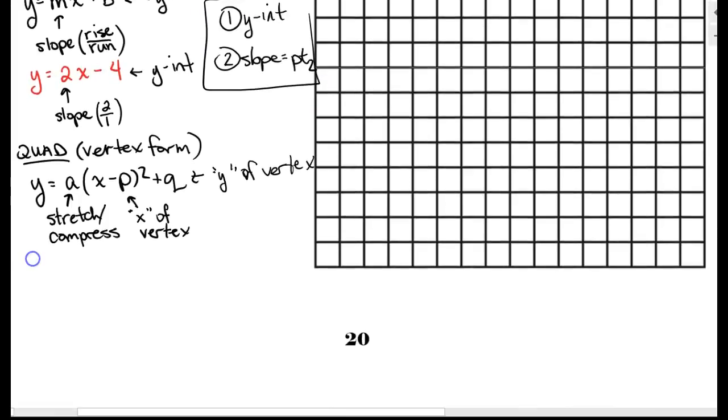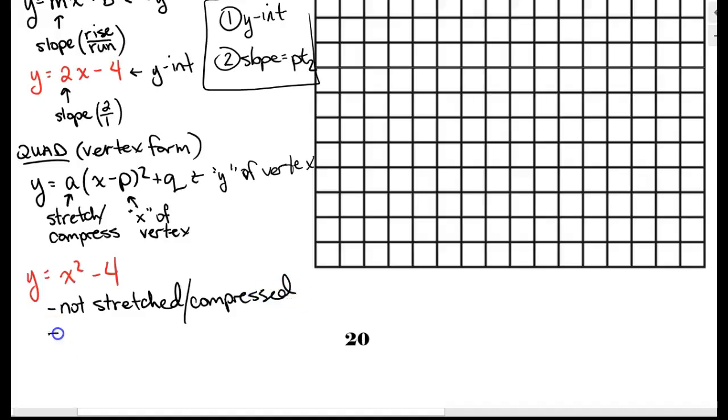So when we look at the equation we're given, we have no stretch or compression, we have no x shift horizontally in any direction, so my x is 0, and my y is at -4.